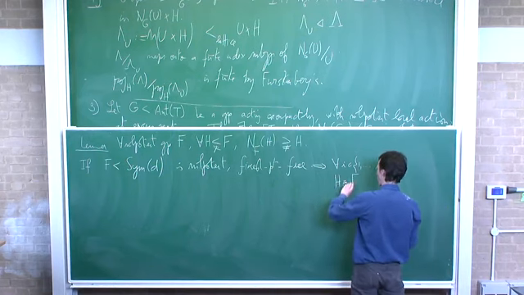Now the lemma tells me that there is an element of F that normalizes H but is not contained in H. Saying that it's not contained in H is exactly saying that it moves the point i.